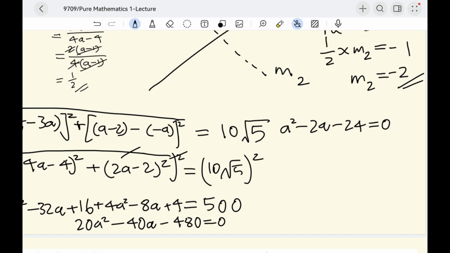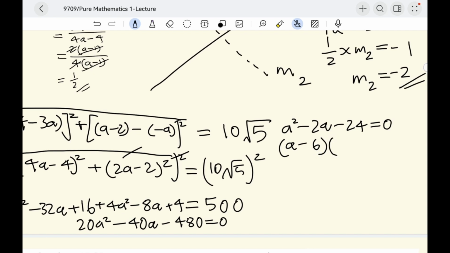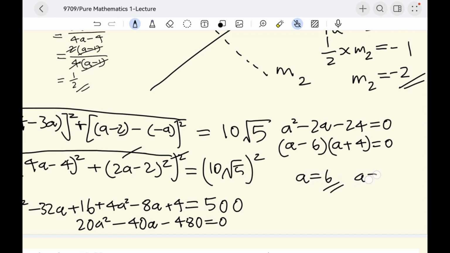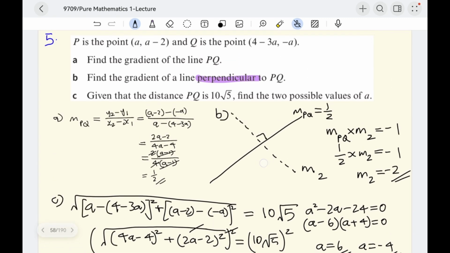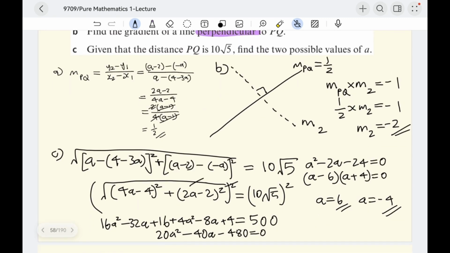Okay, so now you need to solve the quadratic equation using whatever method. So for me, I will use factorization since its discriminant is a perfect square. So there are two possible values of A, which is 6 and negative 4. So that's the final answer for the part C, which is 6 and negative 4.